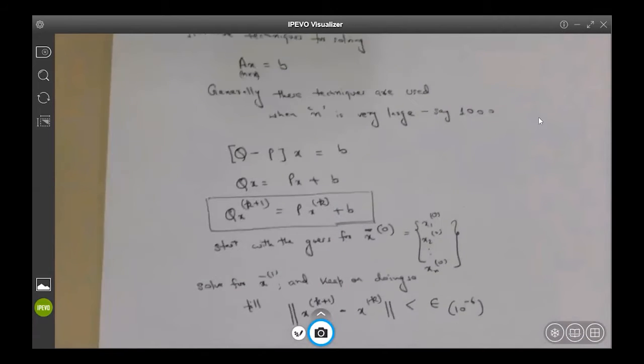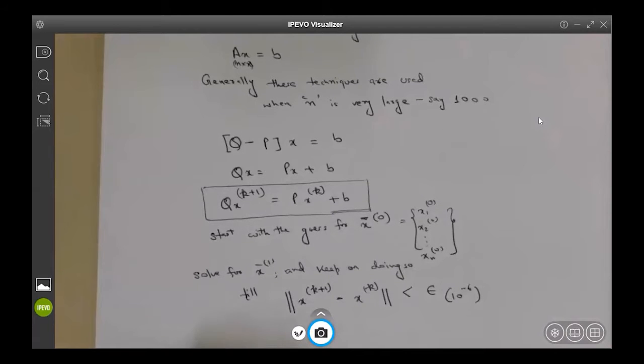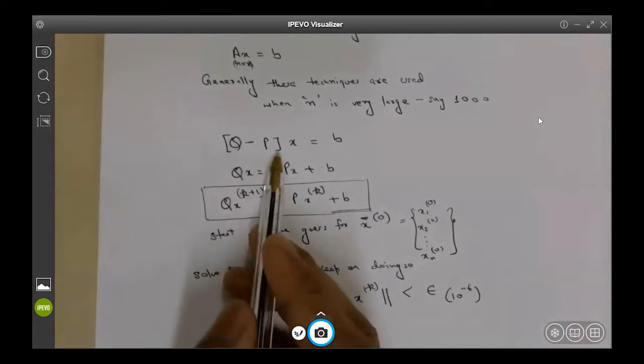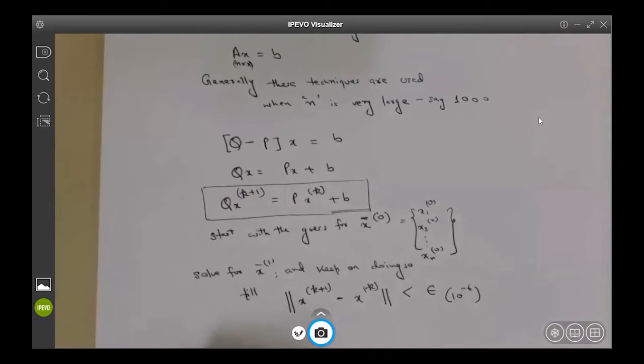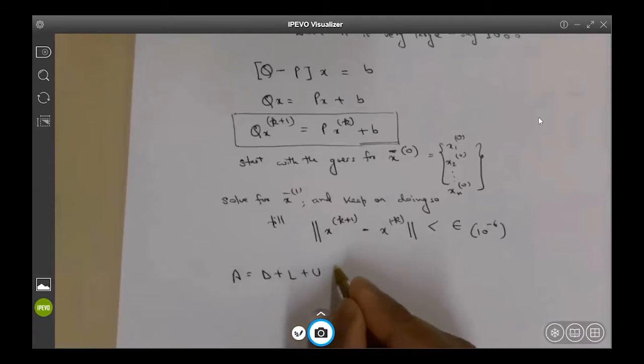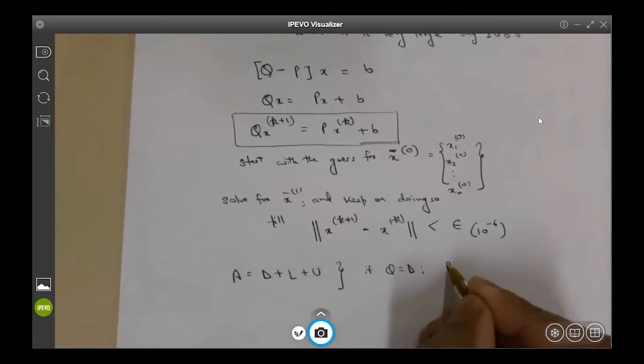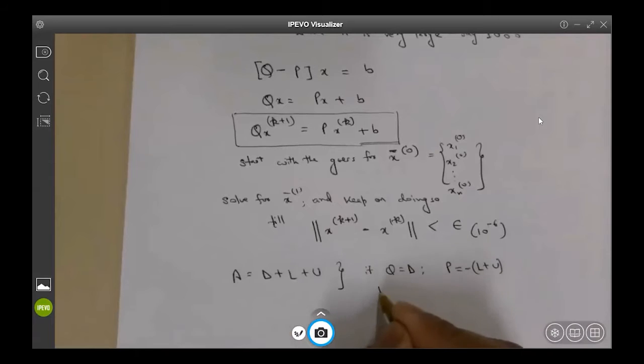Okay, so that's what we learned, and I told you that if Q and P are defined such that A is D plus L plus U, and Q equals D and P equals negative L plus U, then what we have is called the Jacobi method. Then the technique is called Jacobi technique.